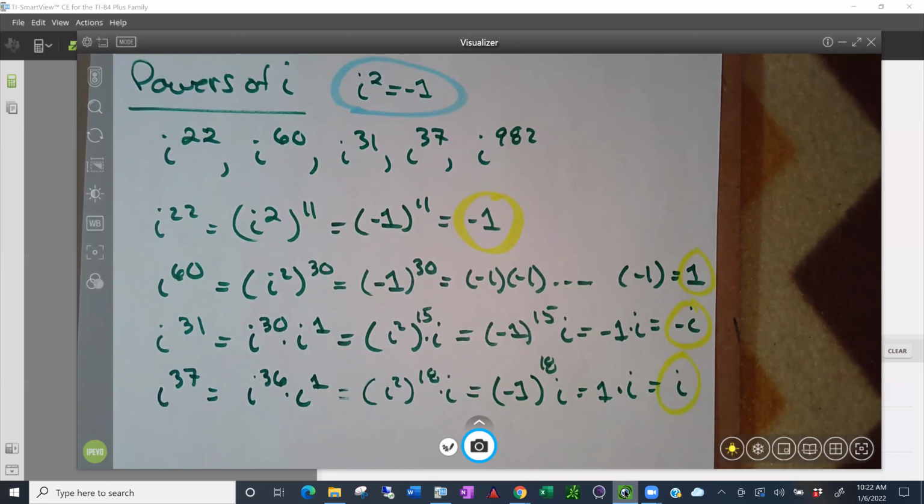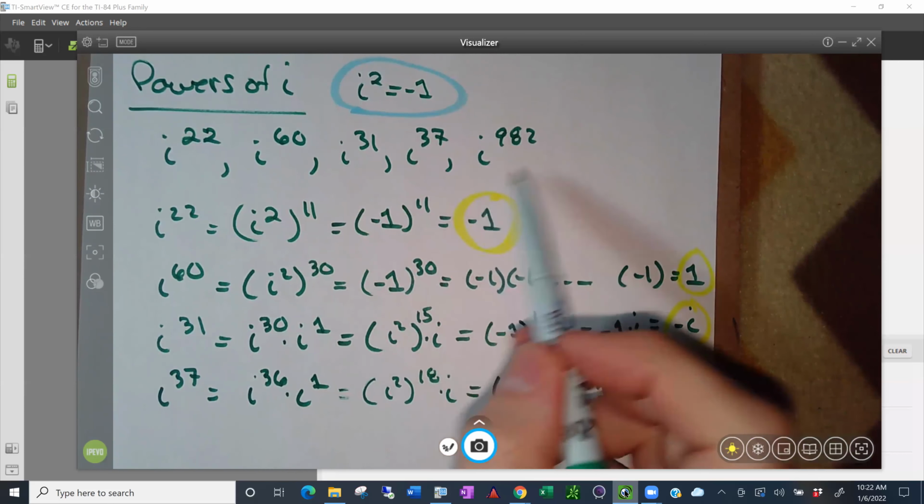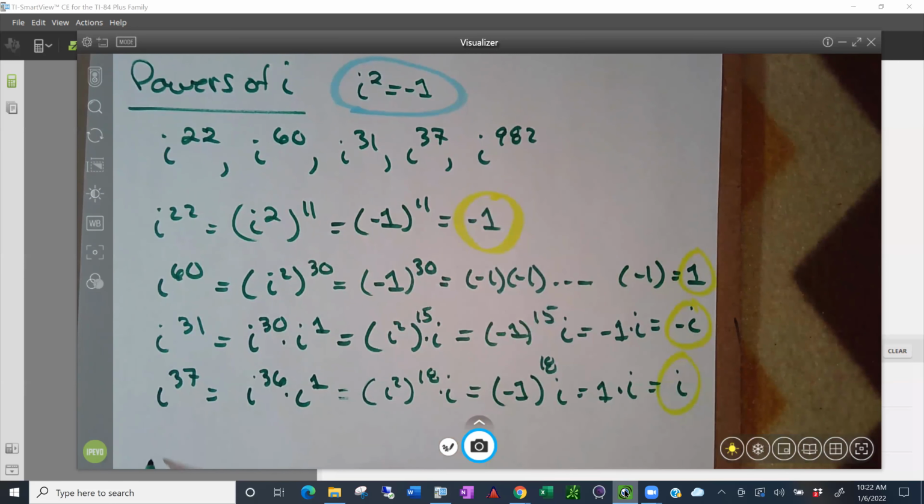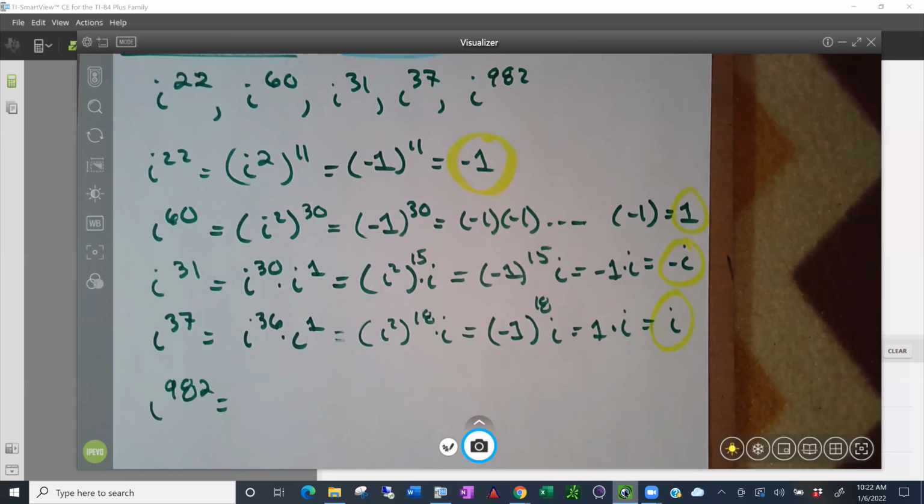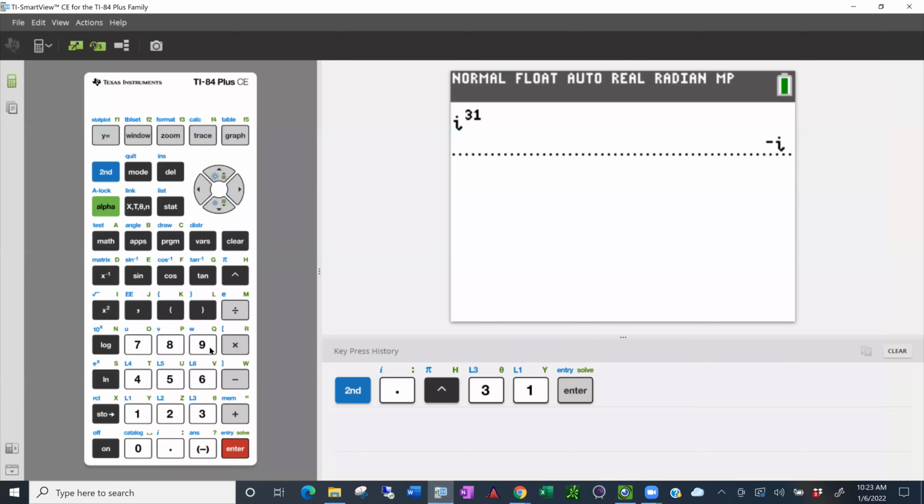So, wow. Okay. Well, how about this Mac Daddy up here? i to the 982 power. That's a big one. But it still works the same. Now, we're fortunate that this is an even power. And maybe you're looking at that going, I don't know. Well, you can take out your calculator.